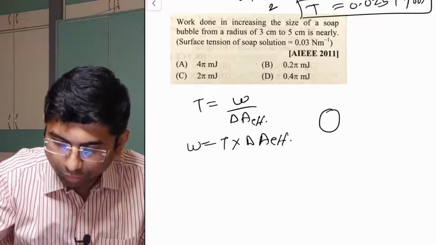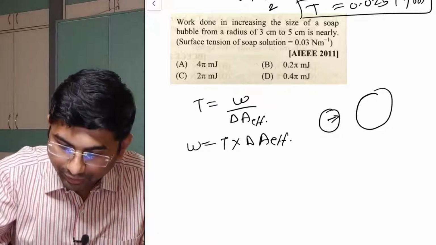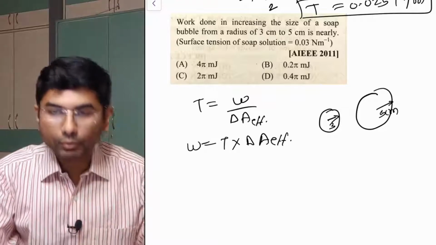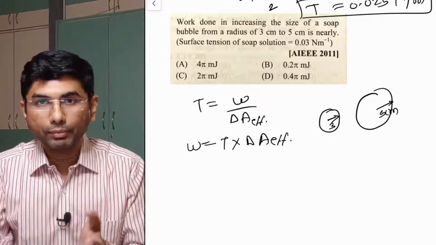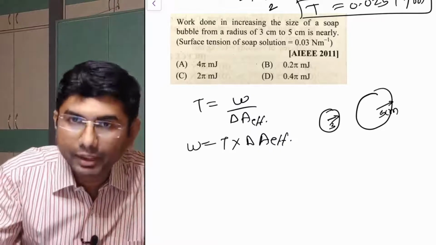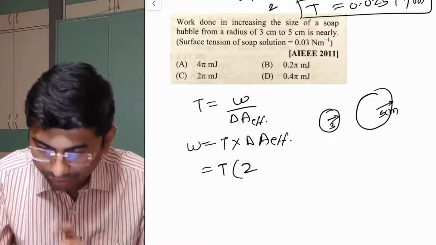Initially we have a small bubble, then it's blown into a bigger bubble. Initially the radius is 3 cm, then it's increased to 5 cm. Now I have to consider both the inside and the outside area. The change in area will be the final area minus the initial area. T into 2 times the areas.